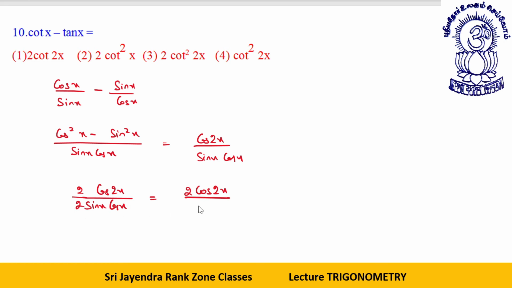Then 2 sine x cos x is sine 2x. So it becomes twice of cos 2x upon sine 2x, which will be cot 2x. Option number 1 is your answer. Okay, let's take the next one.